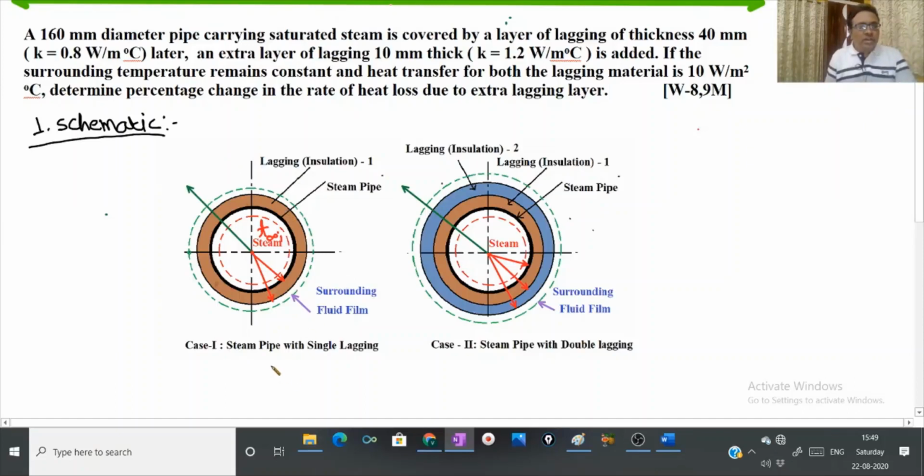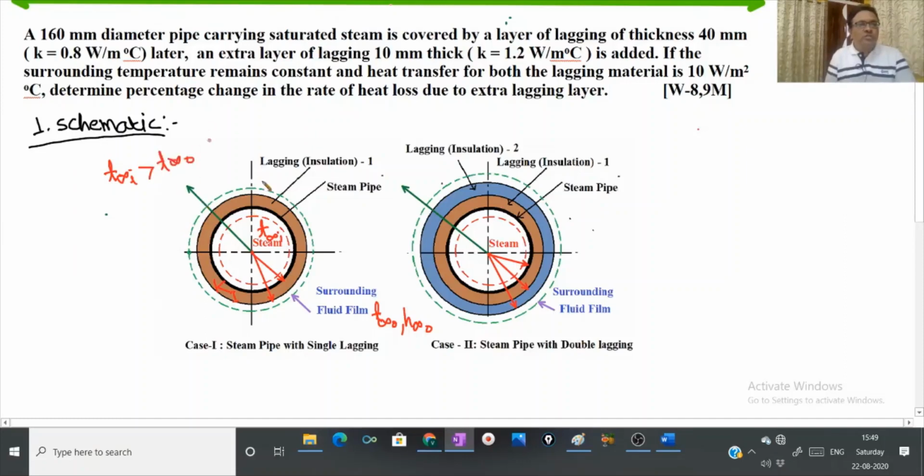Let's say the thermal conductivity of this lagging one is K1, and it is exposed to the surrounding fluid having temperature, let's say T infinity O, and convective heat transfer coefficient H infinity O. Here hot fluid is inside and cold fluid is outside.